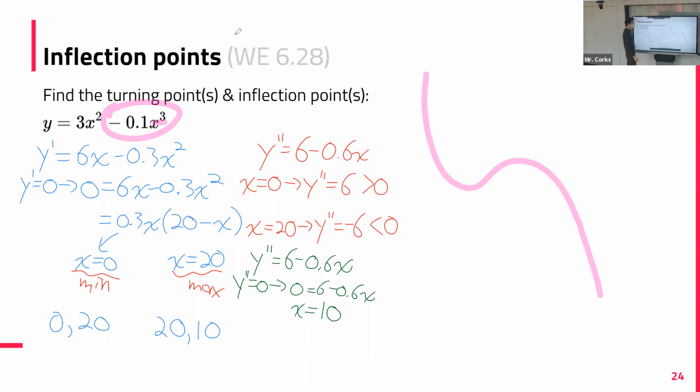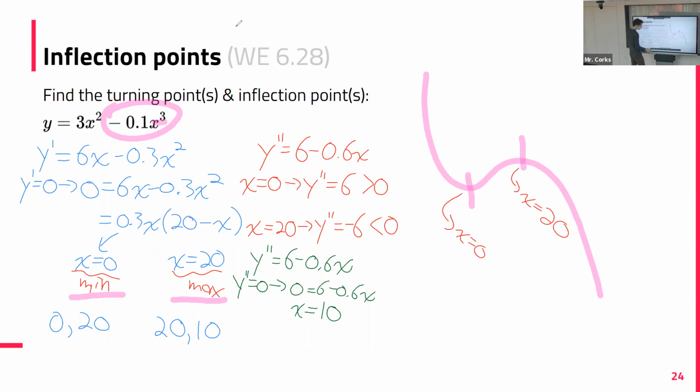Okay, so we have this basic shape, and we know that we have a minimum point should be first and a maximum point should be second. Minimum at 0, then maximum at 20. So that order matches. Okay. So we have this minimum at x equals 0. We have this maximum where x equals 20.